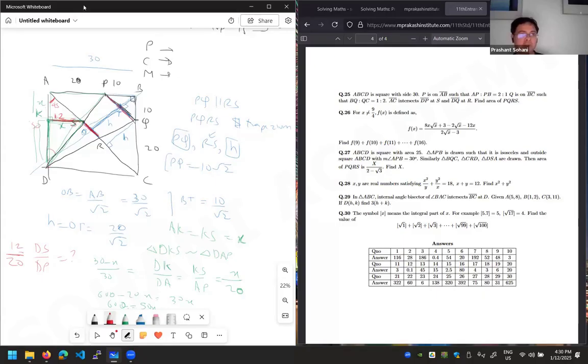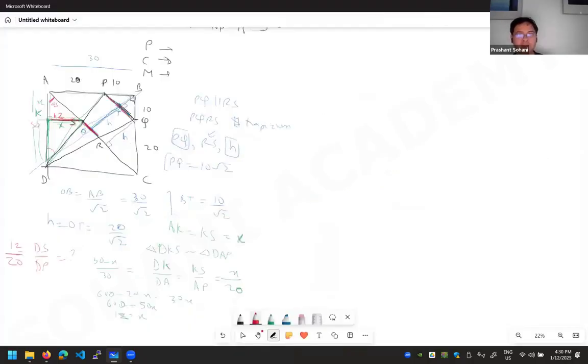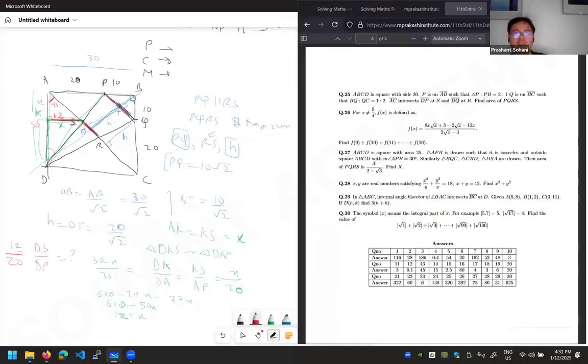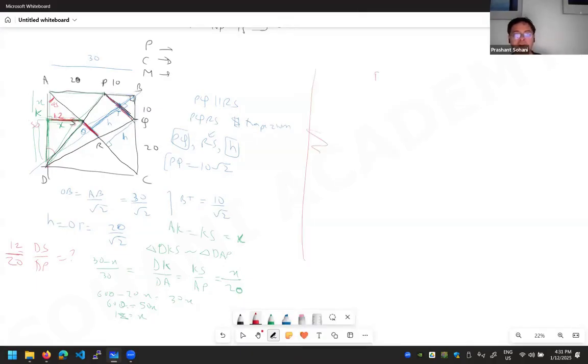Again, I am not in solving mode, I don't want to give proofs of everything here, but in a proper exam we will have to give proofs of everything. But right now, just assuming that we are interested in just calculation, I can write PQ upon RS is 20 upon 12, so therefore RS will be PQ into 12 by 20, that is, cancelling 4, 5 by 3, correct?